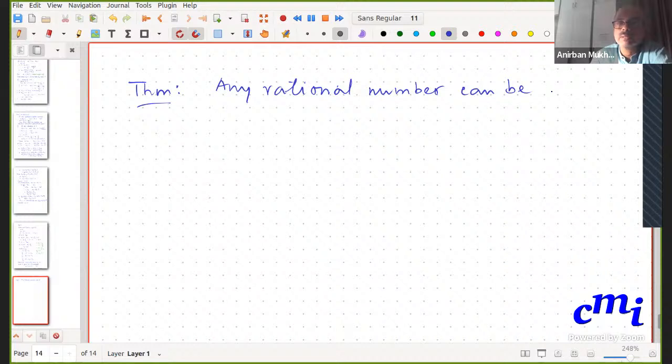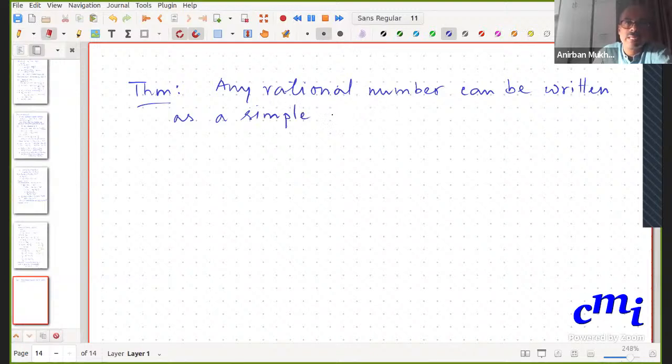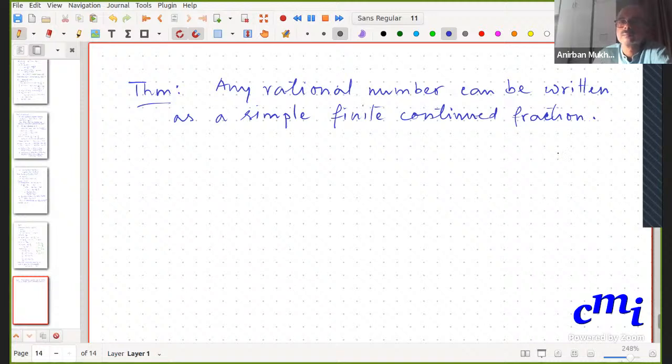A rational number can be written as a simple finite continued fraction.